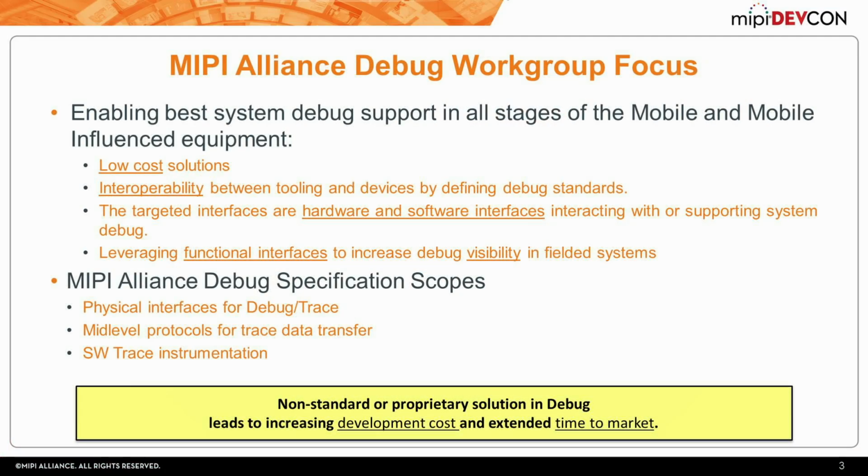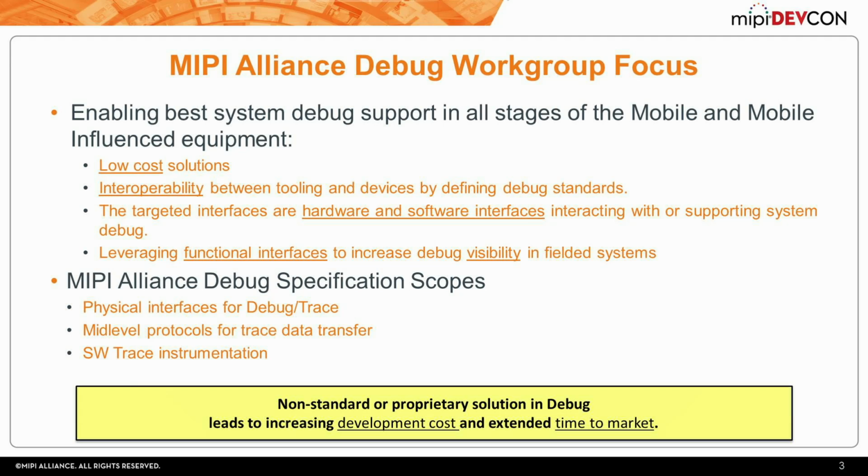So the MIPI Alliance has a debug-focused workgroup, and our charter is that we enable the best system debugging support for the mobile and mobile-influenced equipment. So we focus on the debug of the design, not on the functional part itself.